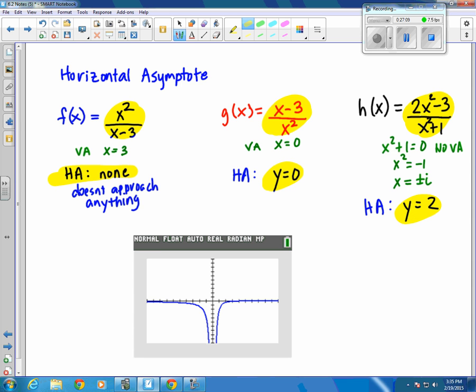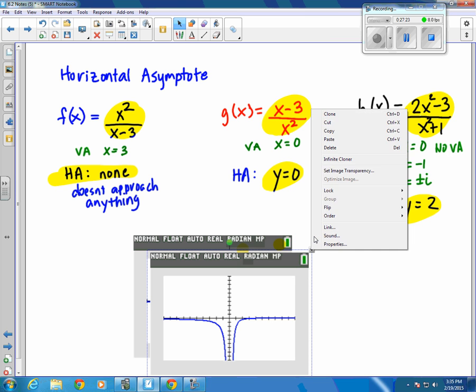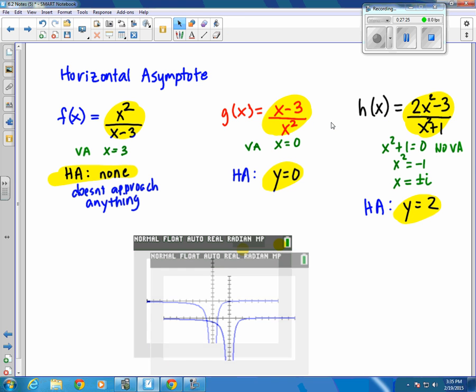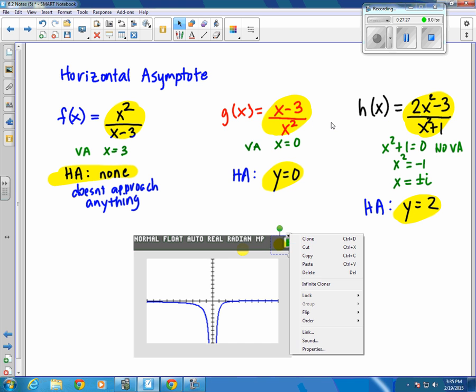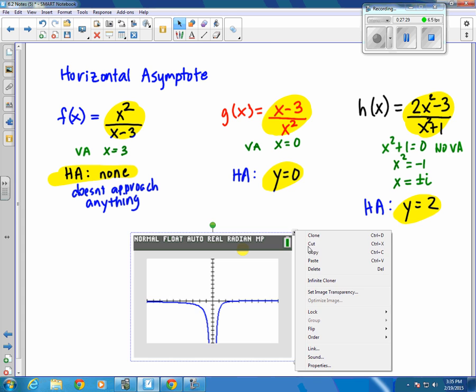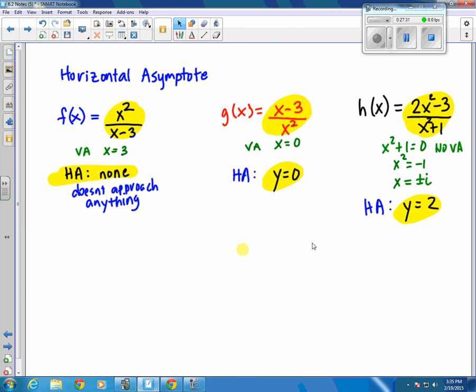So we're going to go back to the definition. The definition said it was the value of what?